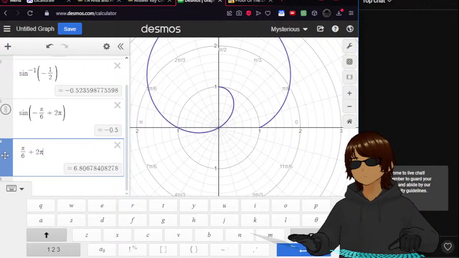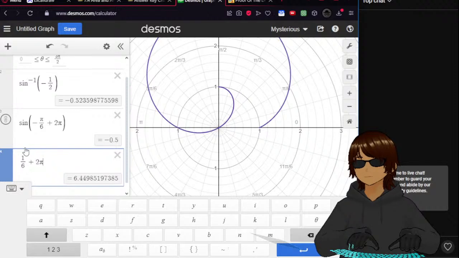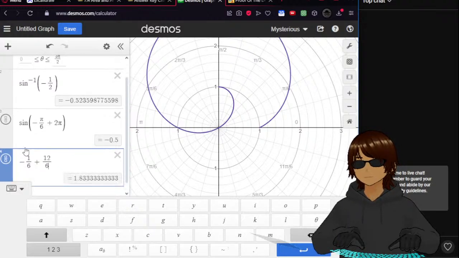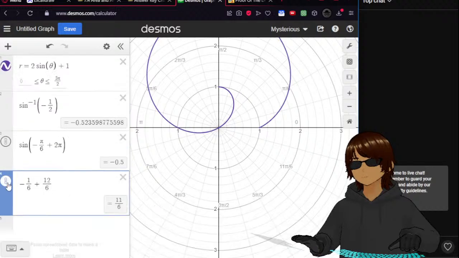I want to get the exact value. Can we get a fractional value? Yeah. 11 over 6. 11 pi over 6.